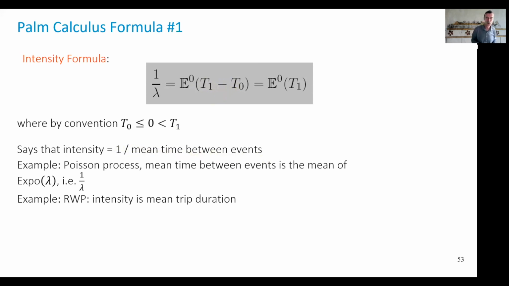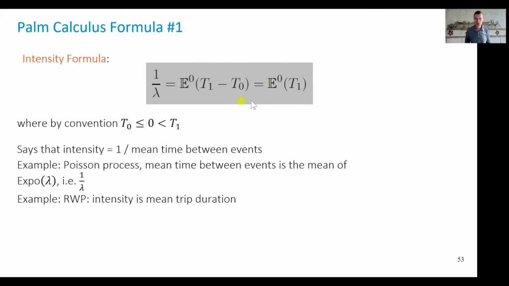If I want to calculate how many events I have on average in a simulation, I can simulate all the times between events, and the average of that will give me 1 over this point here. So this is one formula that is fairly obvious in a simulation.